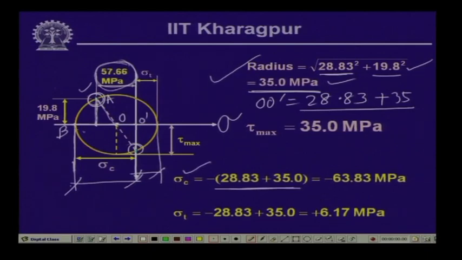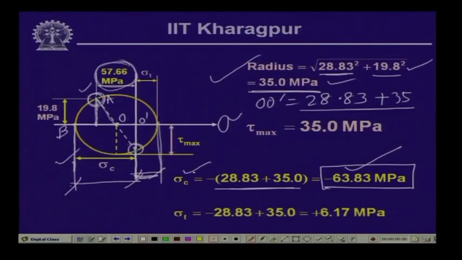If we add these two, 28.83 plus 35, you get the normal stress on the other side of the positive sigma axis. So, this is negative, and this we call the compressive stress. The magnitude 63.83 megapascal is the compressive stress occurring at that particular point. On the other side, the positive value of the Mohr circle, the normal stress which we get on this side, of positive magnitude, 28.83 is this particular distance, and the radius is 35.